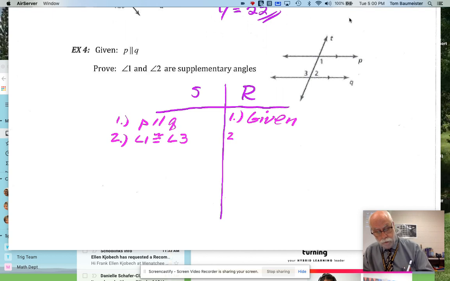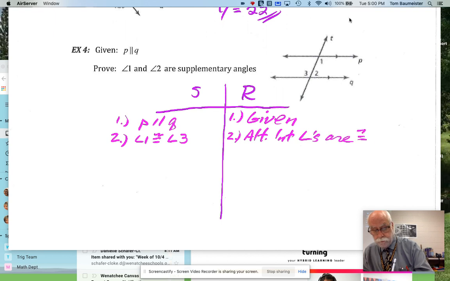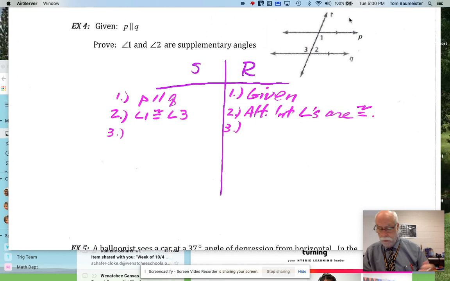And our reason, notice how I'm putting a 2 on each side. Our reason is alternate interior angles are congruent.